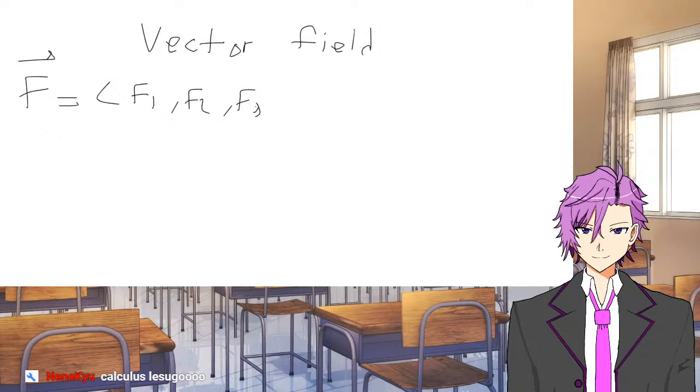Either it has only X and Y or X, Y, Z. So for the vector field, there's a lot of things you need to know. Like for example, there is the curl, there is the gradient field.